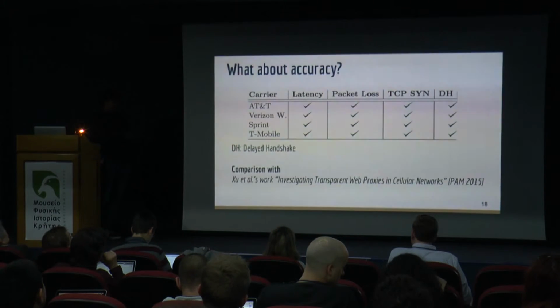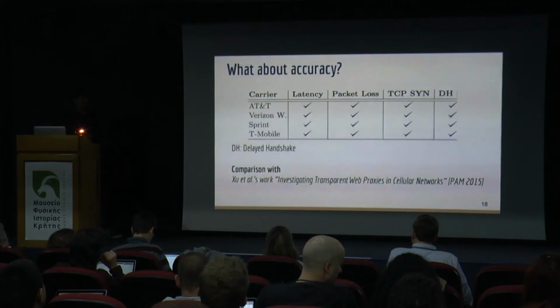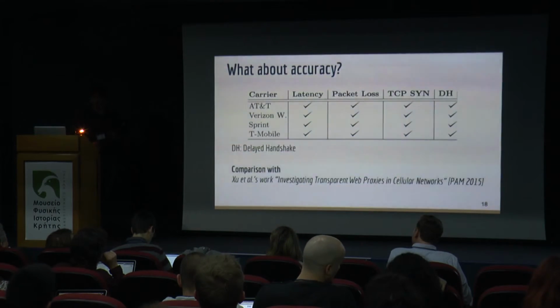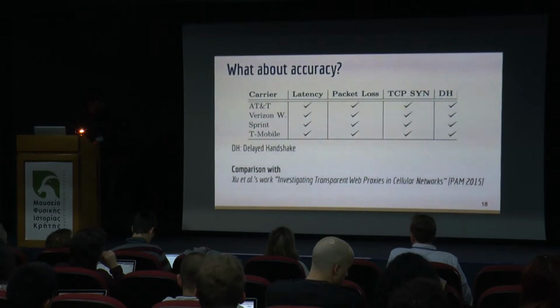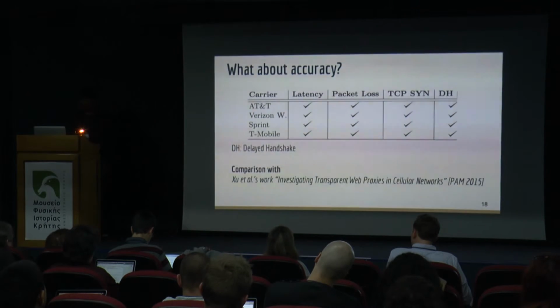So we know we have different techniques to detect these proxies, but what about accuracy? There have been previous studies that talk about running active experiments and detecting these proxies. So we wanted to compare the level of accuracy that our passive measurement techniques can offer in comparison to the active measurement technique from Zhu et al. in last year's PAM.